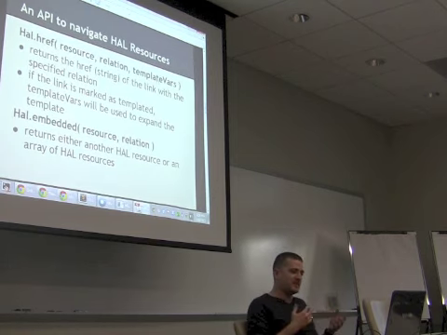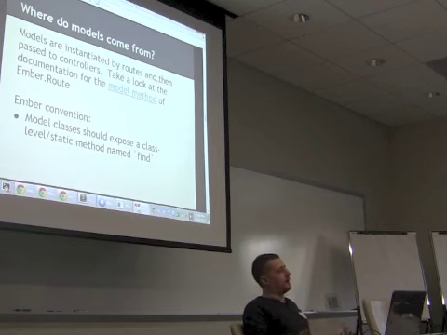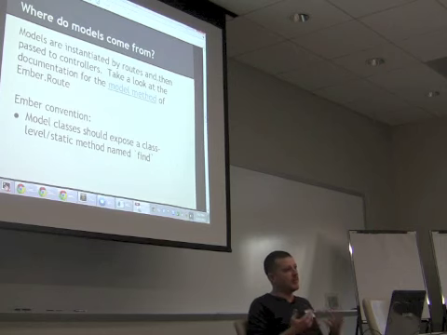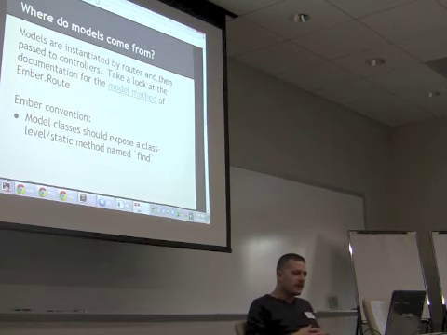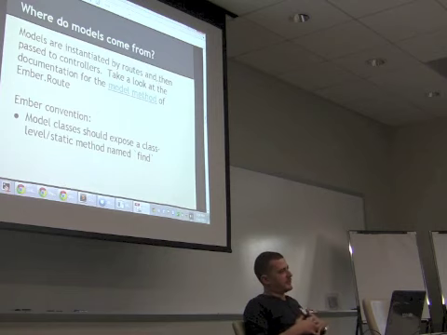Okay, so we talked about HAL objects and HAL resources and how they're really similar to just plain old JSON objects with some special characteristics. What about models? What does it mean for a class or an object to be a model in Ember? And how do models work in Ember, right? So Ember has some entry points into your single page application, and those are always handled by routes, right?